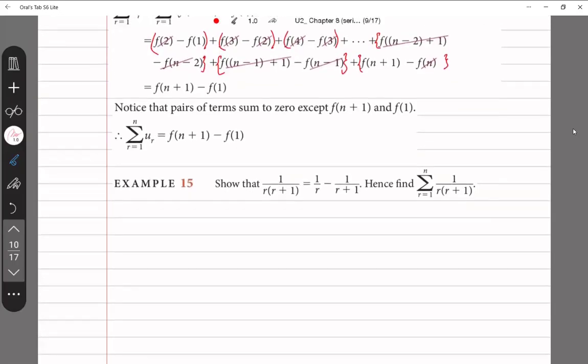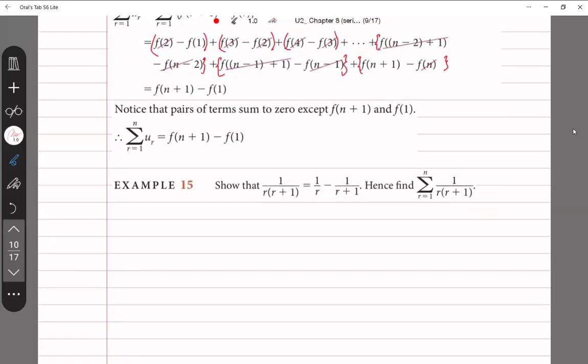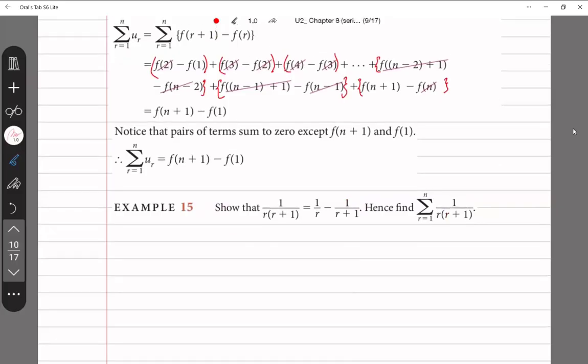I'm going to do example 15. Example 15 says, show that 1 over r(r+1) is equal to 1 over r minus 1 over r+1. That is partial fractions, which we all know.